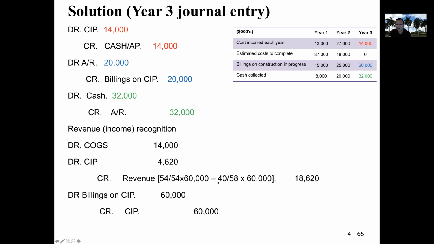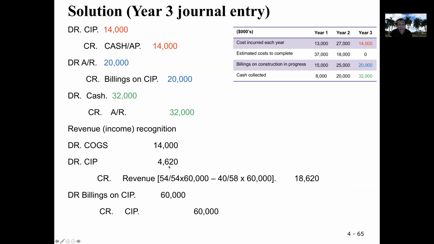So the difference is the percentage completion during year 3, and you times 60,000. The number is 18,620. Okay, so now you can see the difference of these 2, revenue and cost of goods sold, is 4620, where you're gonna debit the construction in progress 4620.